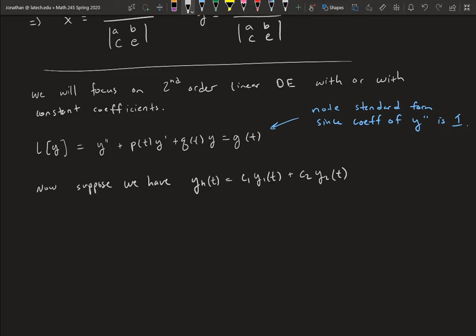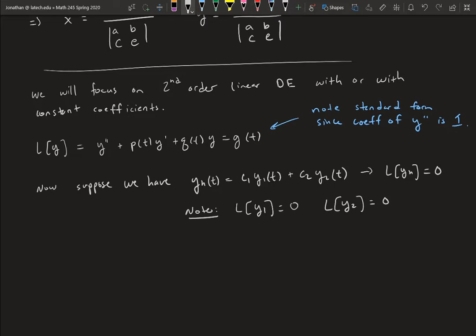So basically we have the homogeneous solution, so L of y_h equals 0. And just to note that L of y1 would be equal to 0 and L of y2 would be equal to 0, because if you plug those two linearly independent homogeneous solutions into the left-hand side, it's going to produce 0 because they're homogeneous solutions.